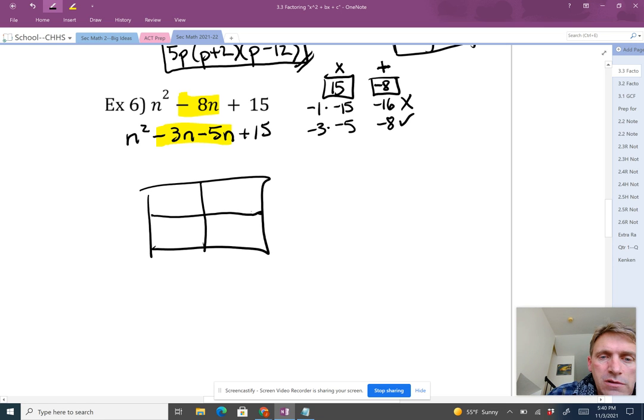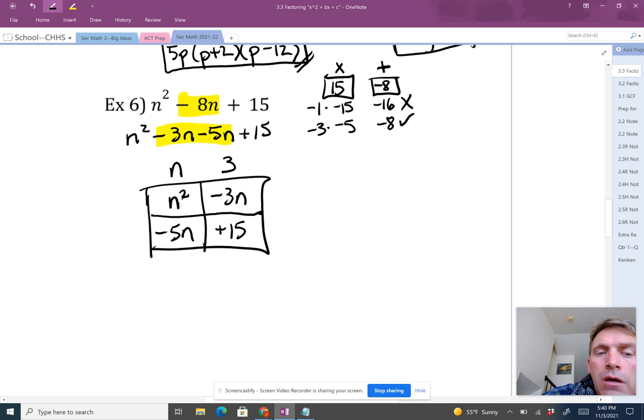So I'll put n squared here and plus 15 here, minus 3n here, and minus 5n here. For this first column, n squared and minus 5n, they have an n in common. And for the second column, minus 3n and 15, they have 3 in common. I'm going to come back and do the signs afterwards.